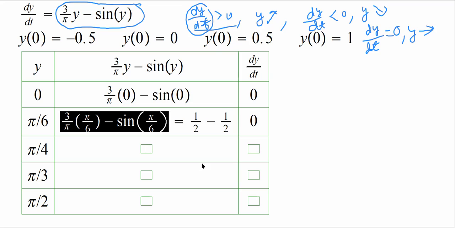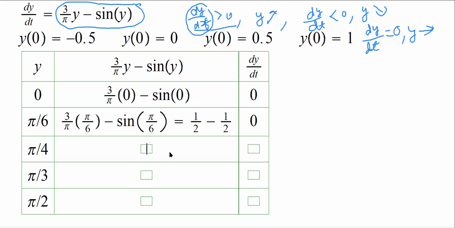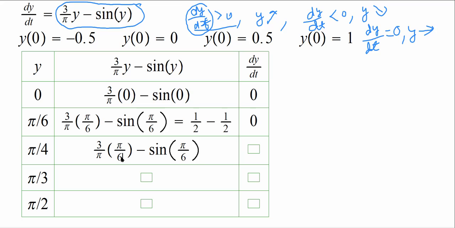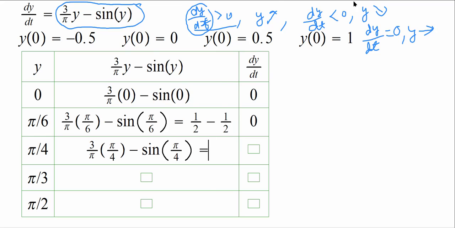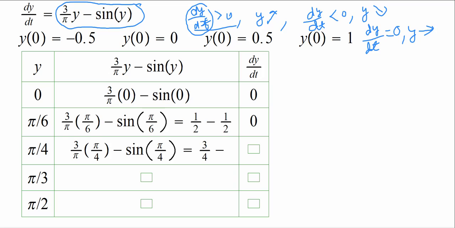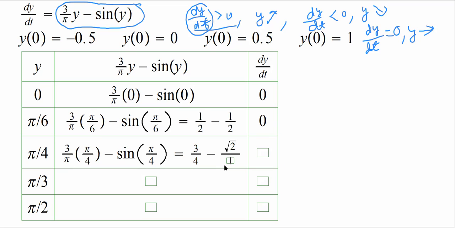Now let's look at pi over 4. We got pi over 4 here and pi over 4 here. So we get 3 over 4 minus how much? Square root of 2 over 2, or 1 over square root of 2. And you can see it is a positive quantity, because that's all we are interested in right now.